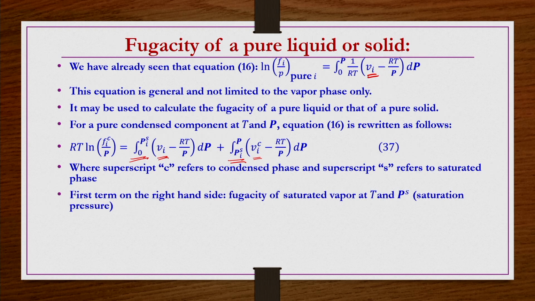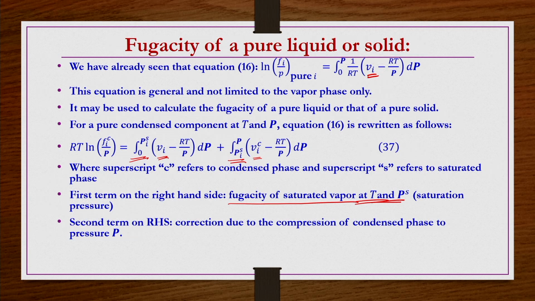The first term on the right hand side is nothing but the fugacity of saturated vapor at temperature T, but at pressure Ps, that is the saturation pressure. The second term on the RHS is a correction for increasing the pressure, causing compression of the condensed phase to a certain pressure P. By increasing the pressure from Pi^S or beyond, you have to do the compression up to a certain pressure P, so there should be some kind of correction, and that correction is given by this second term.